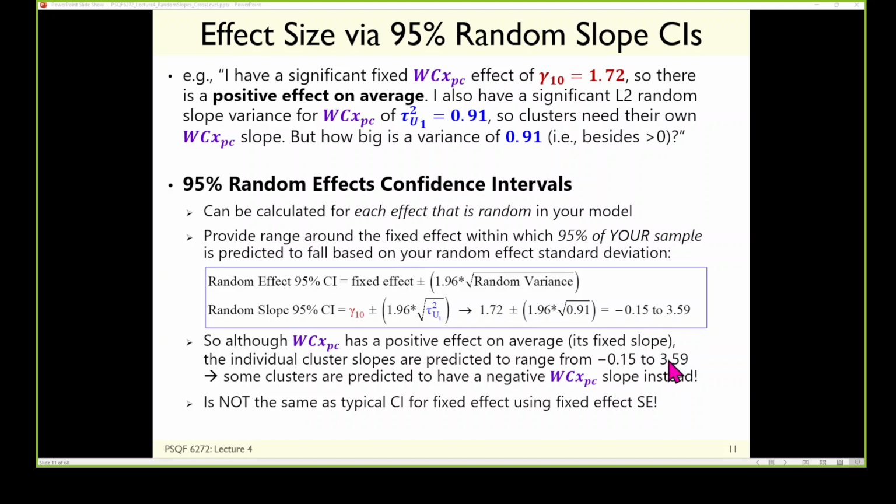So what that tells me is the range that this variance implies around this fixed slope as the middle. The range goes negative, and this can be confusing unless we explain it to our readers carefully. Because when you see a negative value on a confidence interval, what does that normally mean?